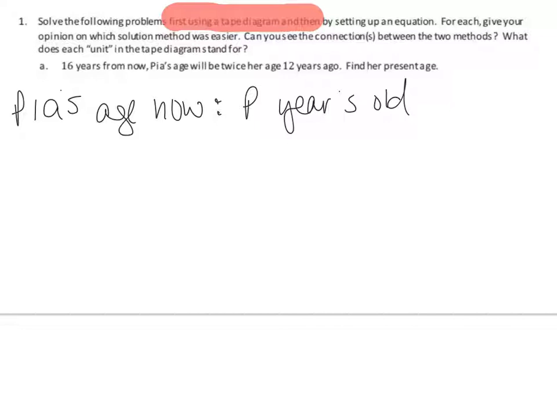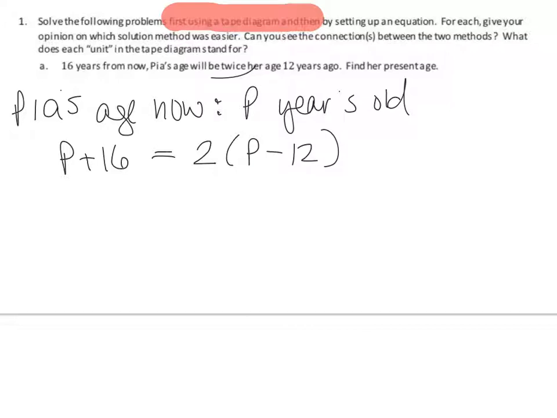Reread: 16 years from now, Pia's age will be twice her age 12 years ago. So if Pia's age now is P, then 16 years from now is P plus 16. So 16 years from now, Pia's age will be twice her age 12 years ago.